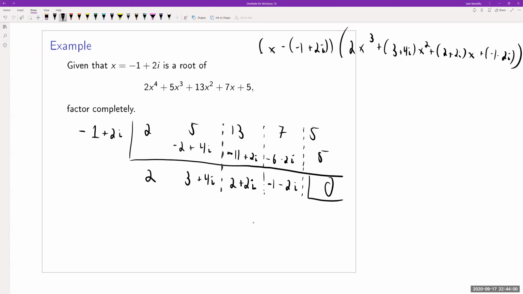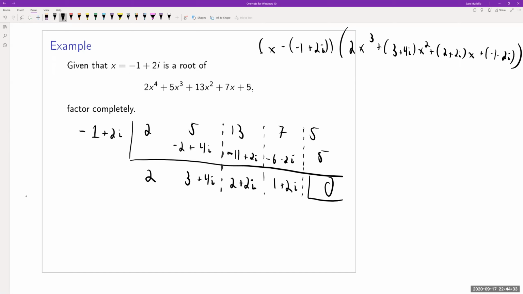Now, it would normally be very difficult for us to guess at what a rational 0 or what any 0 might be of this. But there is an upside here. And the upside is that, very fortunately, we do not have to worry about guessing at the answer because of the complex pairs theorem.